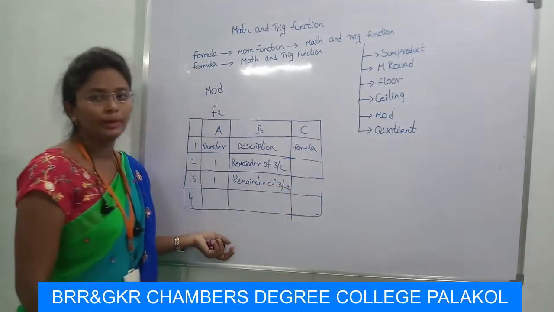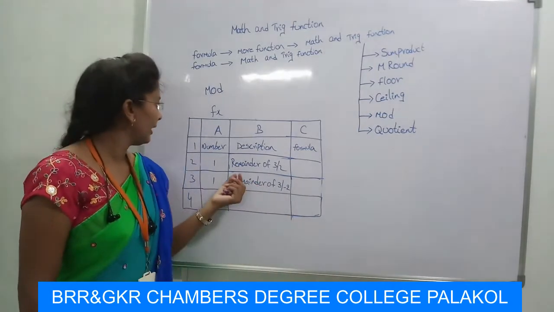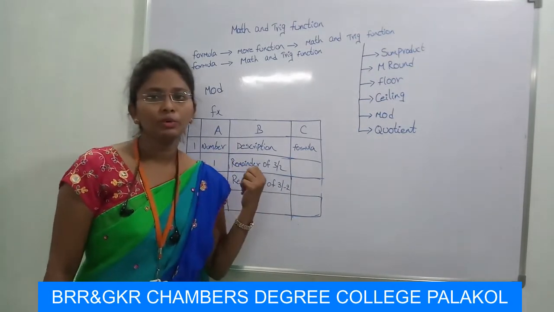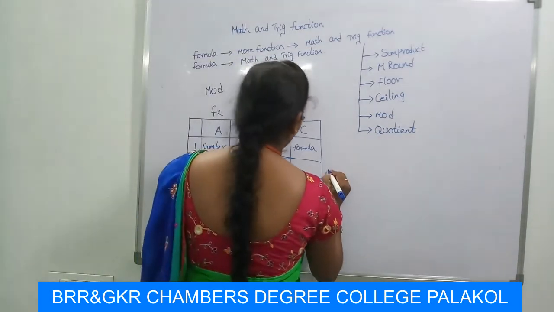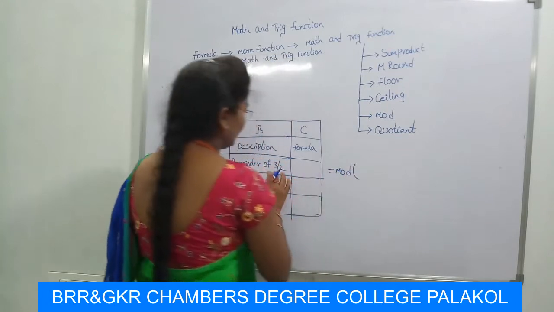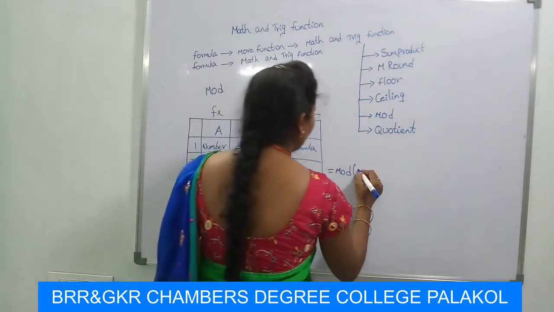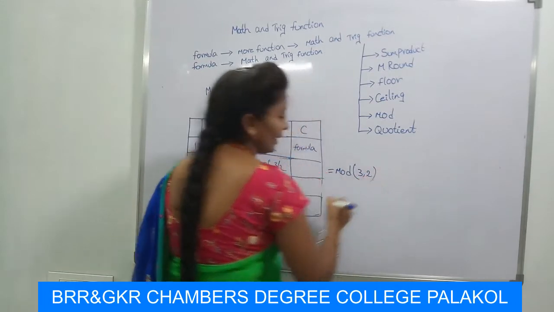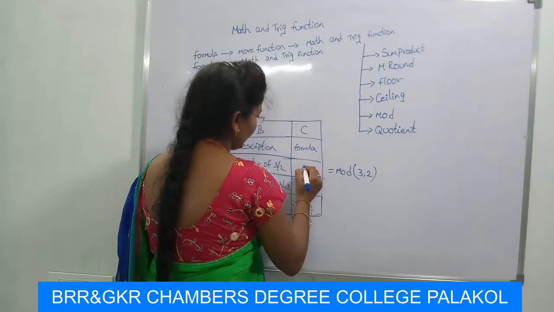And for entering the formula for this mod value, here I am entering mod 3 by 2. I have to enter this as 3, 2 and it will display the result. That means the result will be 1.